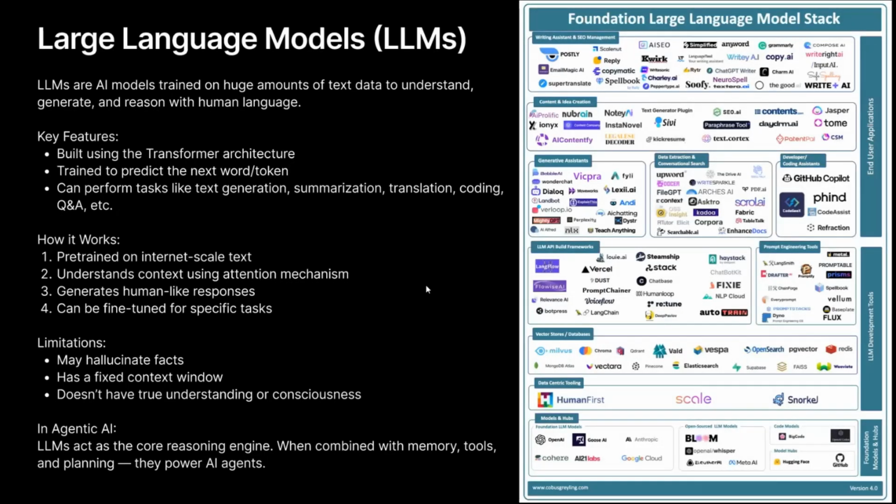I think Kartike explained all these things to you, and now I would like to add a few limitations: it may hallucinate, there is a fixed context window, and it does not understand the consequences. These are some limitations of the large language model, and that's why we are coming to the agentic AI part and trying to learn how agents work basically.